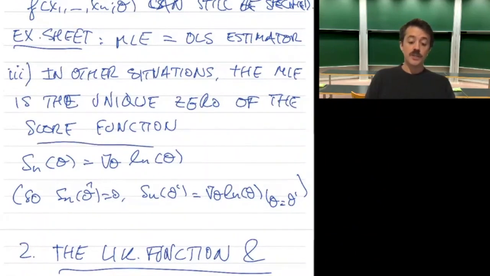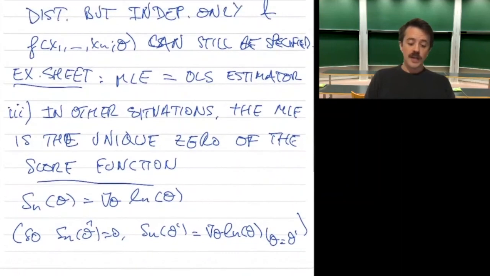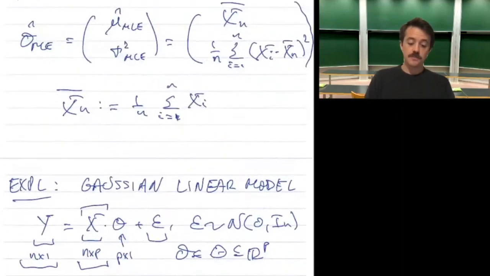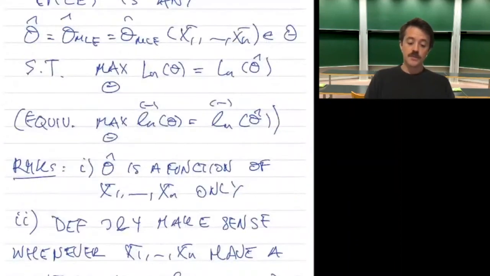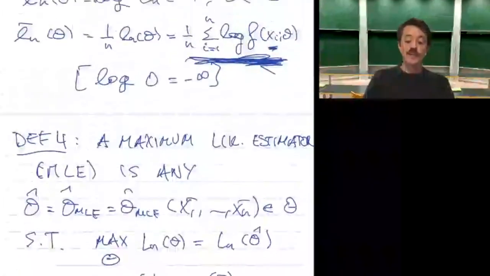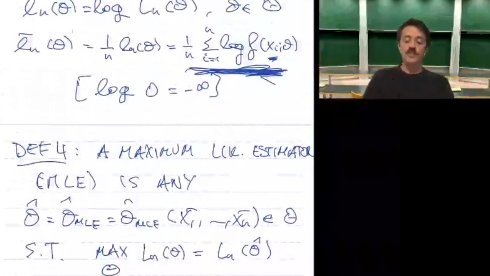Now, remember that this ln is simply some average, so it's this quantity here. If we take the gradient of this, then it is of course 1 over n times the sum of the gradient of the logarithm, and we can again think of a law of large numbers.